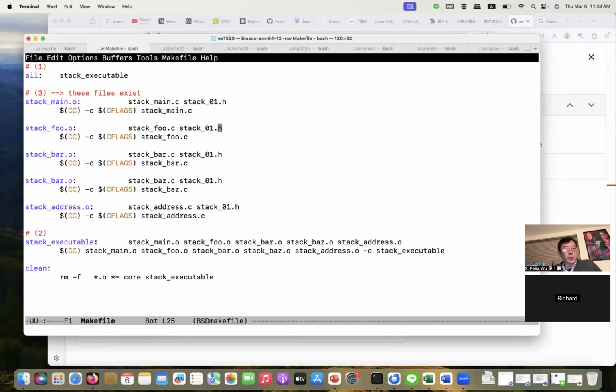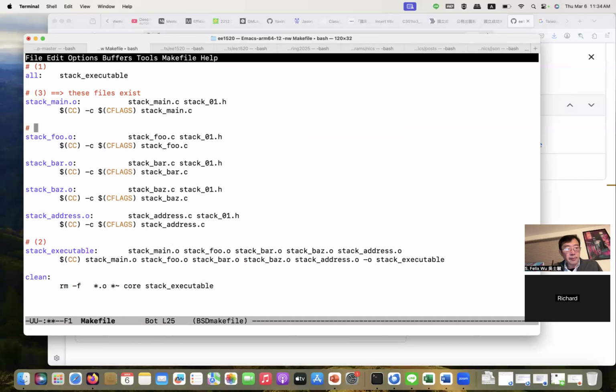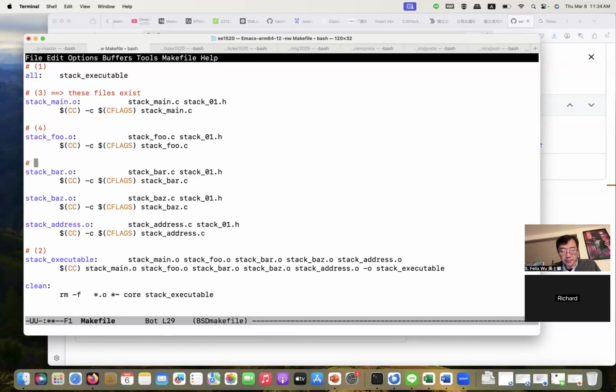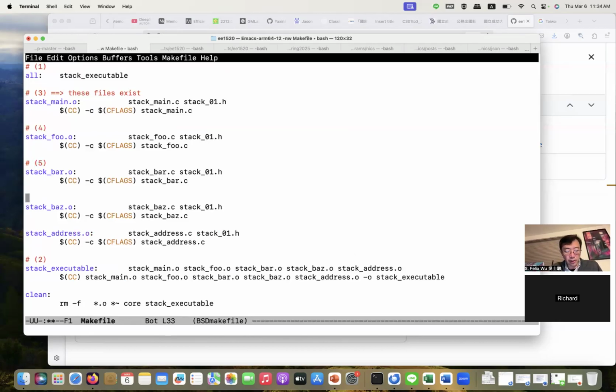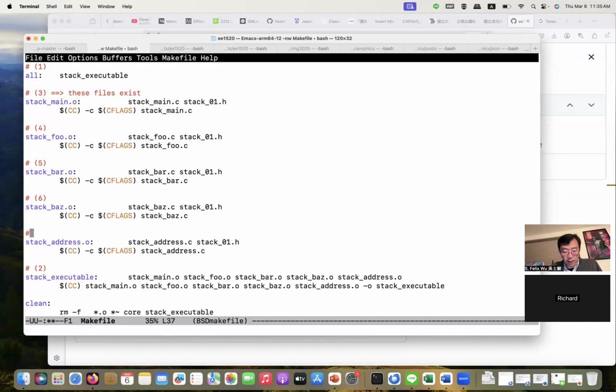So the fourth rule is going to trigger, it is this rule, stack foo, and number 5 is going to trigger stack bar, and number six is going to trigger bus and stack, and rule number seven is going to trigger stack address.o.